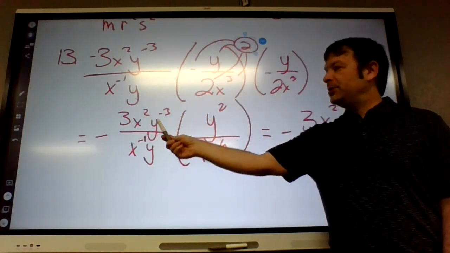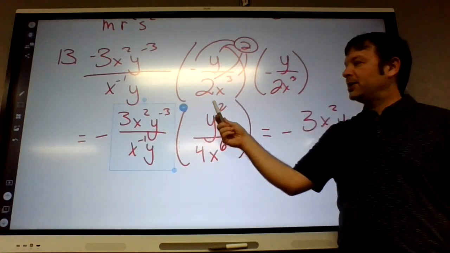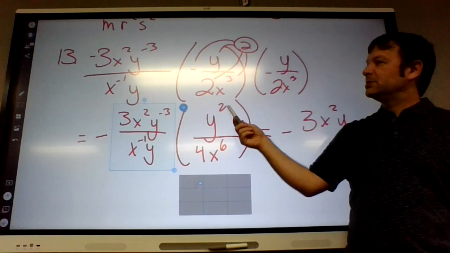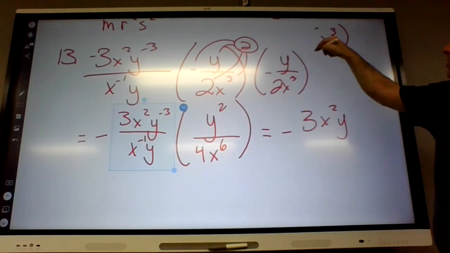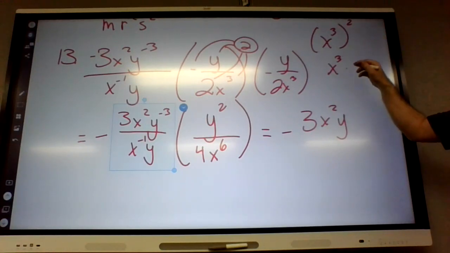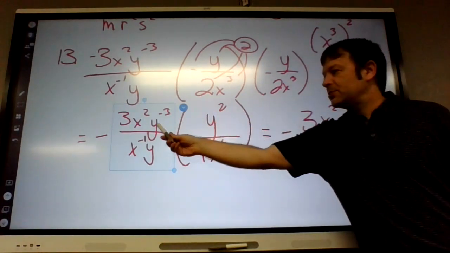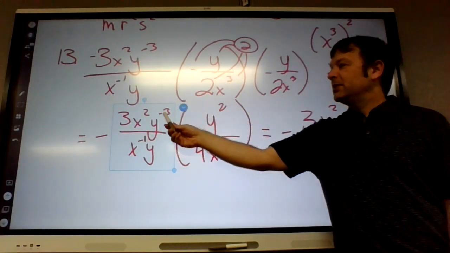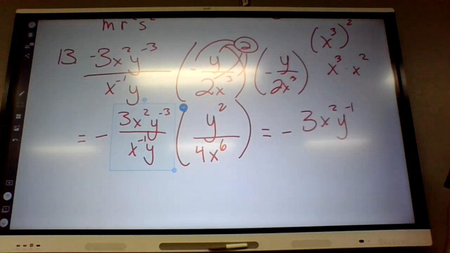But here, when we do y times y, we're going to add the exponents. You guys see the difference? A power to another power, that's multiply. But when you do x times x, that's add. So this case would be adding. -3 plus 2, -1.